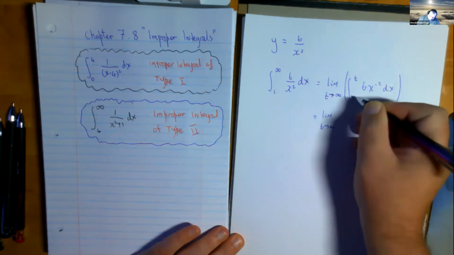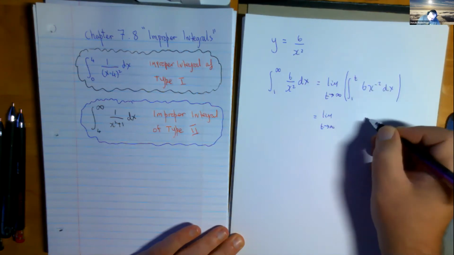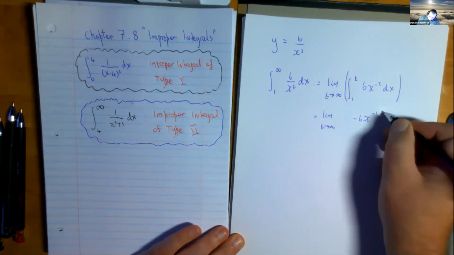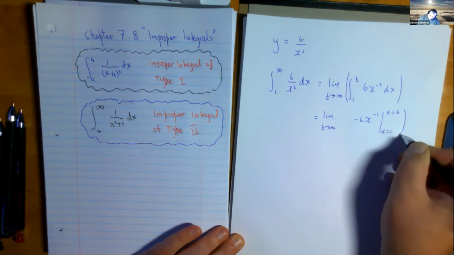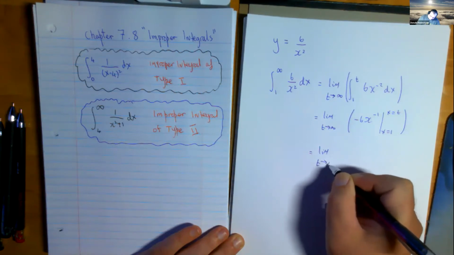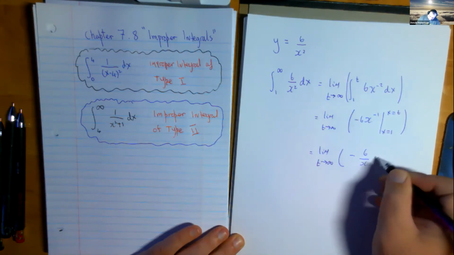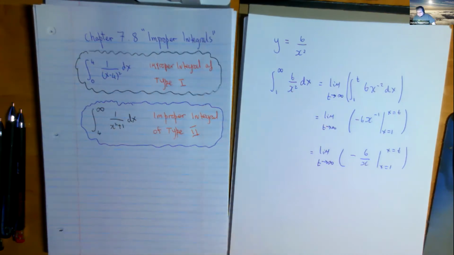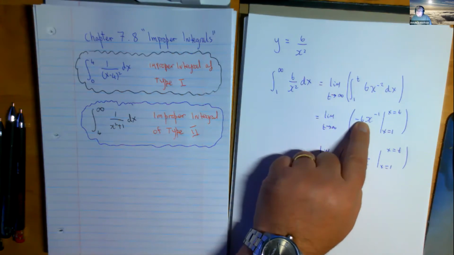And now I'm going to find the integral of that. Well, according to the power rule, you add 1 to the power and you divide by the new power. And you evaluate it from x equals 1 to x equals t. And that becomes the limit as t tends to infinity of, well, I'm going to do style points on it. If you leave something like that, you're just asking for trouble later on.